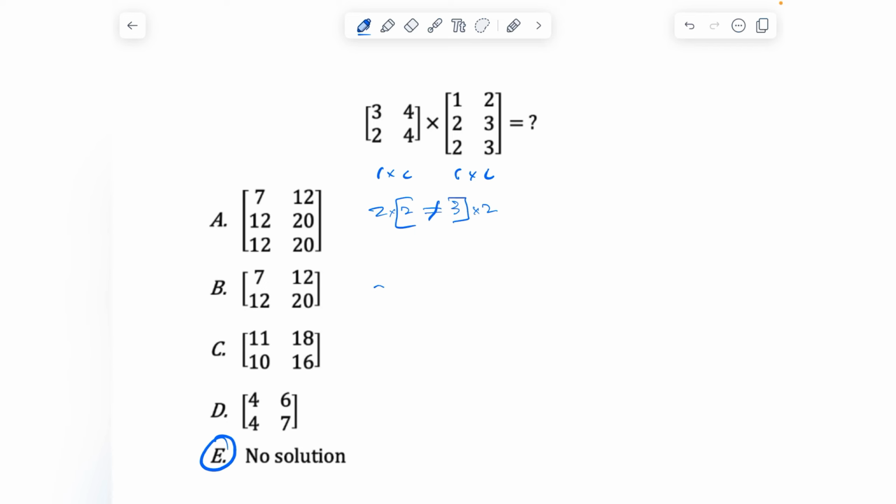Let's say you're multiplying 1, 2, 3, 4 by 4, 3, 2, 1. The way you do it is you multiply across and down.